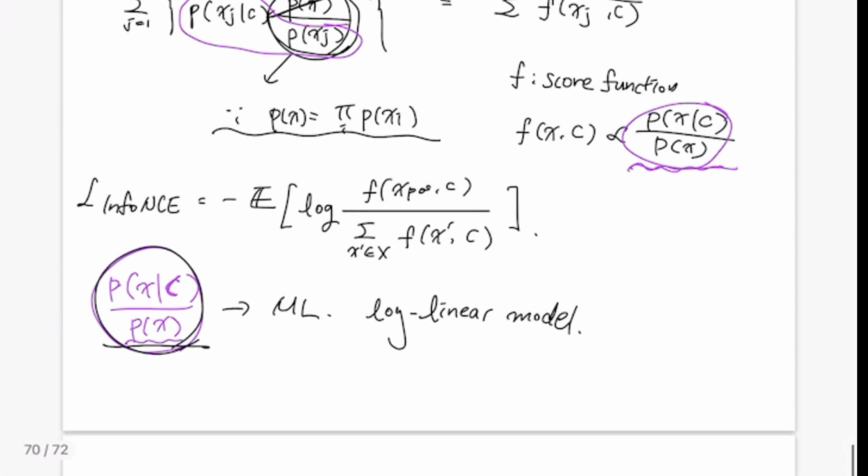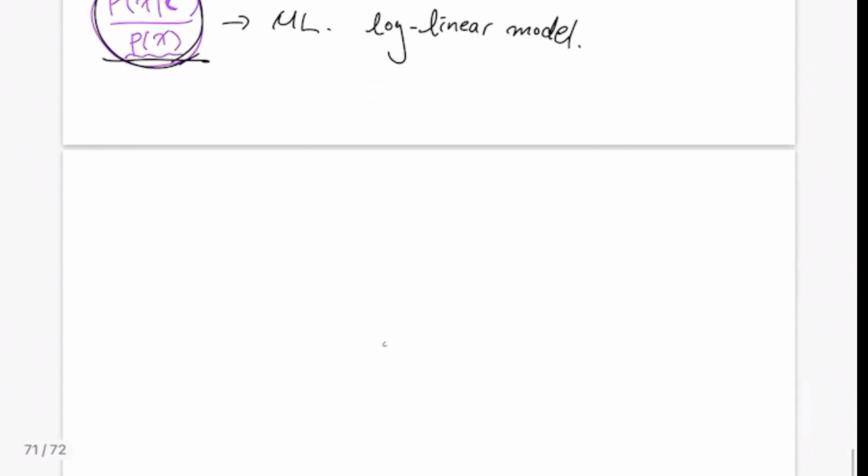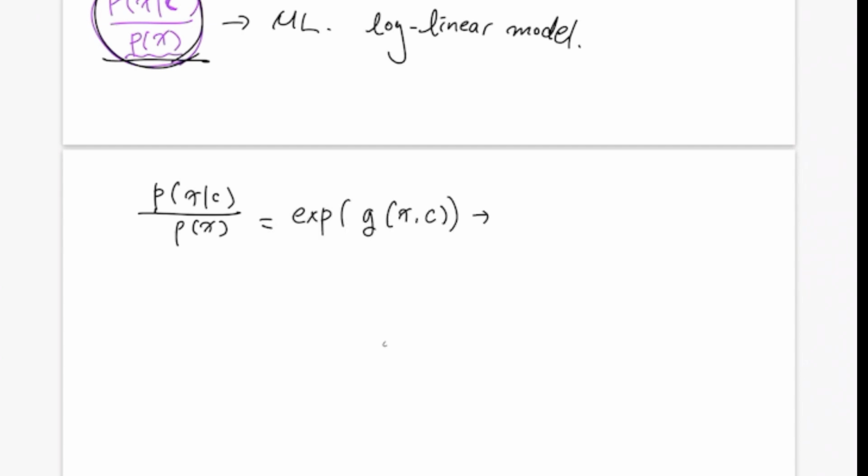This means that we can write p(x conditioned on c) over p(x) as the exponential of g(x, c), where g(x, c) is an energy function that captures the interaction between x and c.